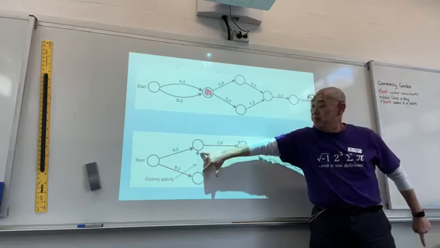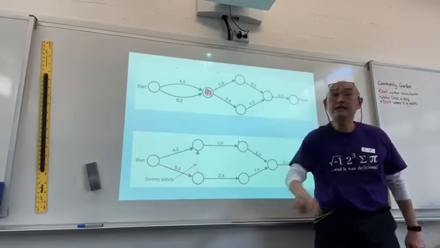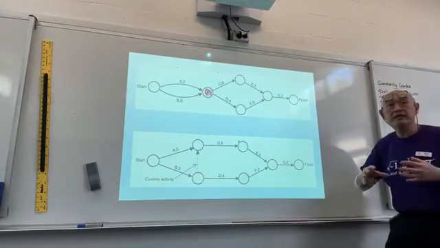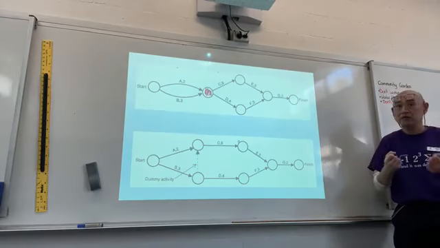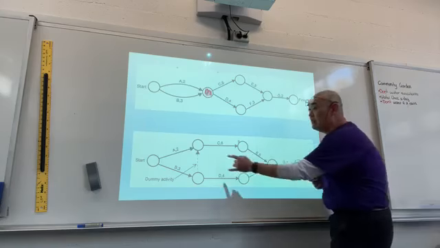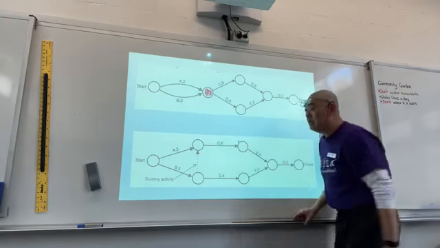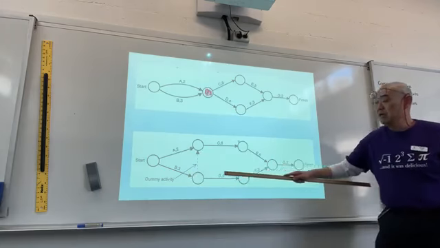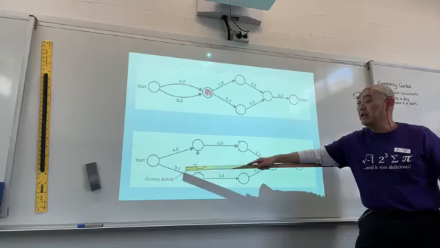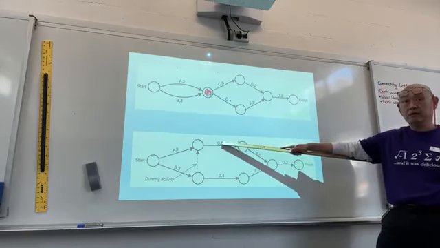Alright? But what you need to realize is the dummy activity does not have any duration. It's 0. What you're trying to do is make an accurate representation of the precedence table. That's all. So the dummy activity here is telling me that, yes, B is the immediate predecessor of D. It is also an immediate predecessor of C. Alright?